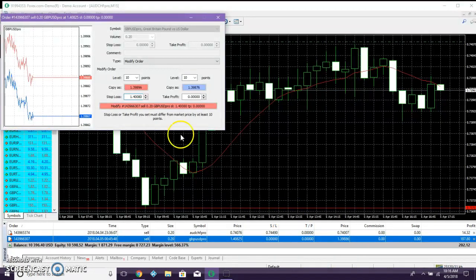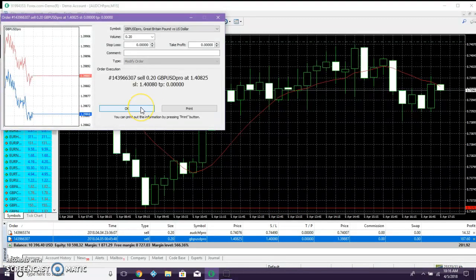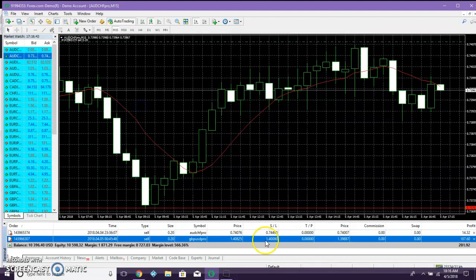Don't even pay attention to the last number because that's not important. So that's just to protect. I have a stop loss of 140.08. So if it retracts up 20 pips, it'll basically take me out of the position.